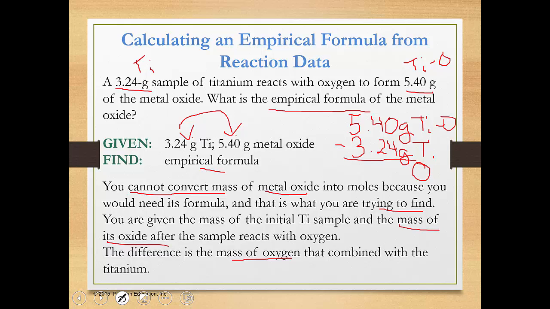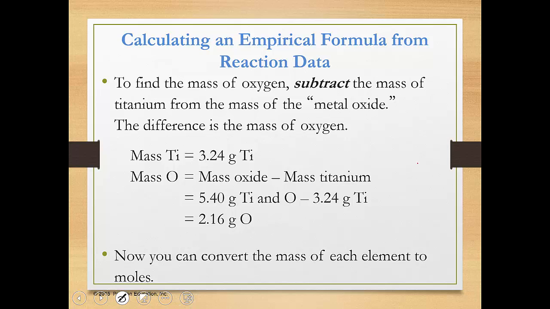So let's take a look at that in a little bit cleaner format. All right, so 5.4 grams minus 3.24 grams tells me that I have 2.16 grams of oxygen. So now I have numbers that I can work with. I've got 3.24 grams of the titanium, 2.16 grams of oxygen.